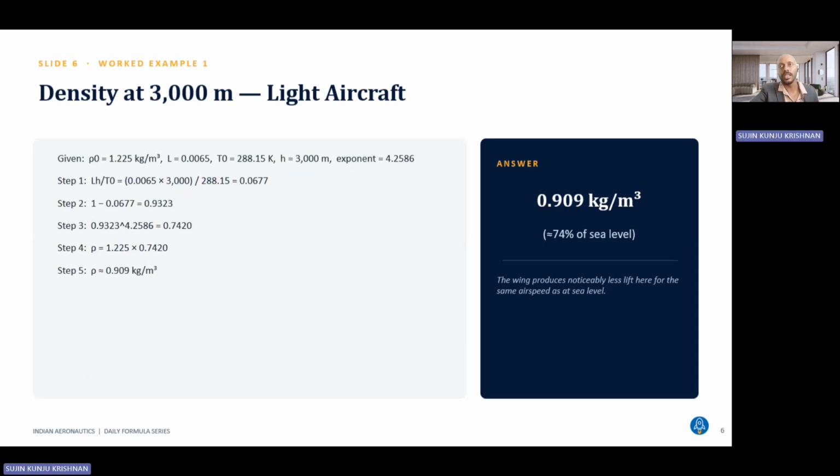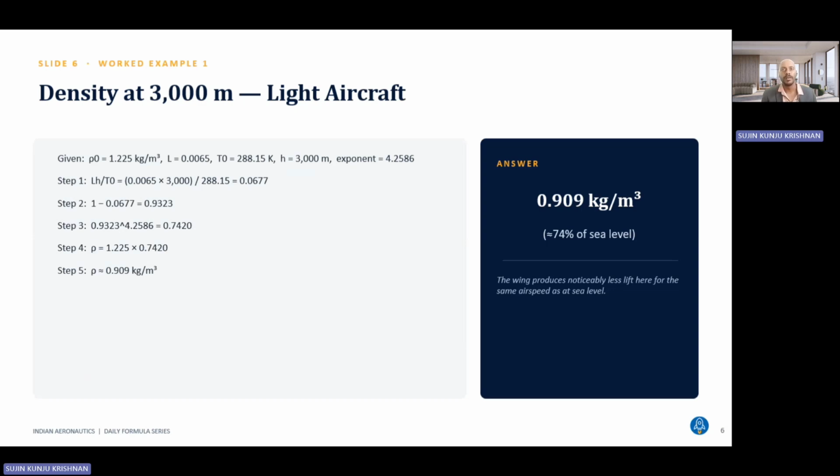LH over T0 equals 0.0677. So 1 minus 0.0677 equals 0.9323. Step 4, raise 0.9323 to the power 4.2586 on your calculator. That gives approximately 0.7420.